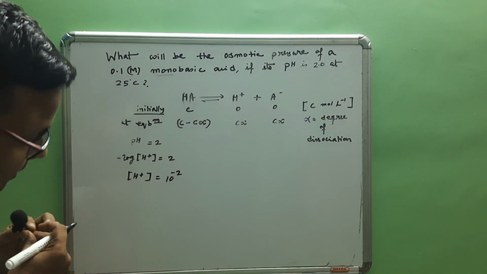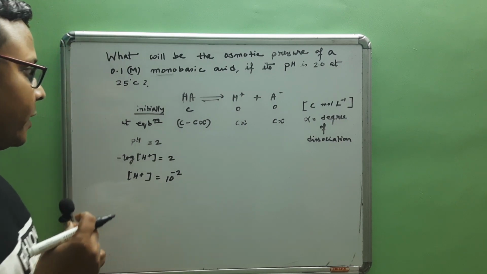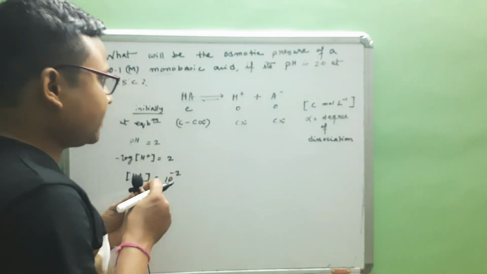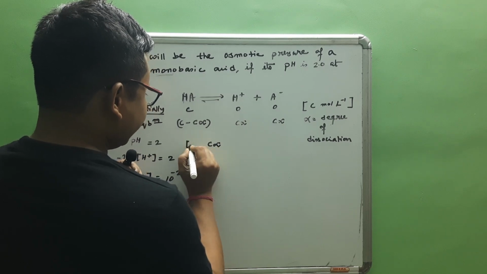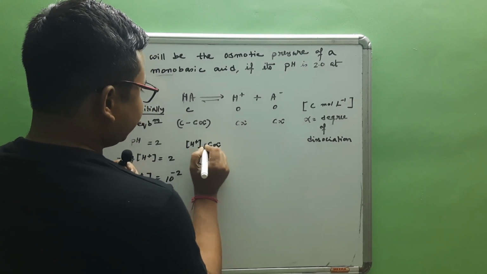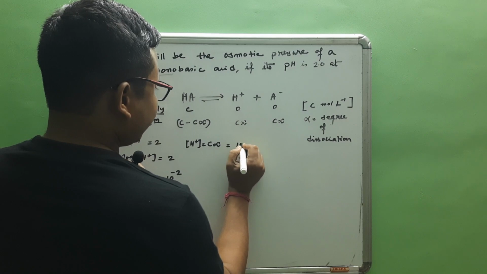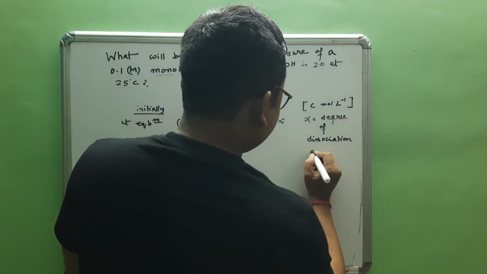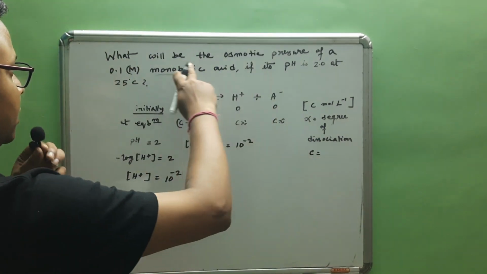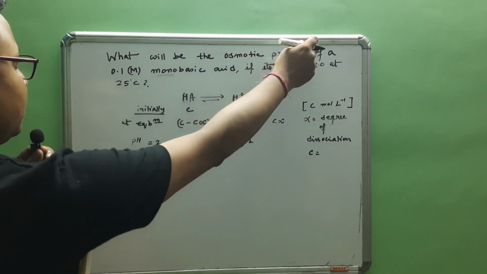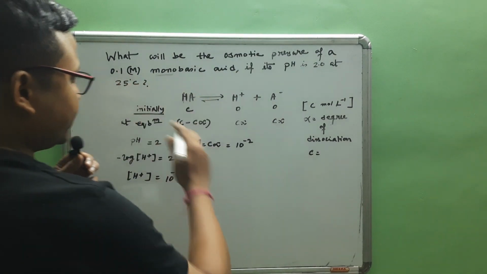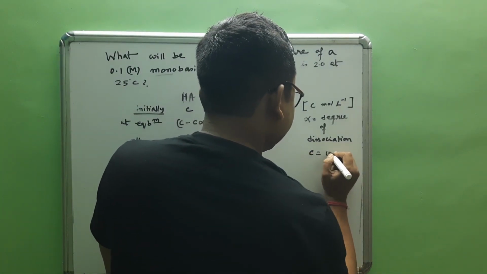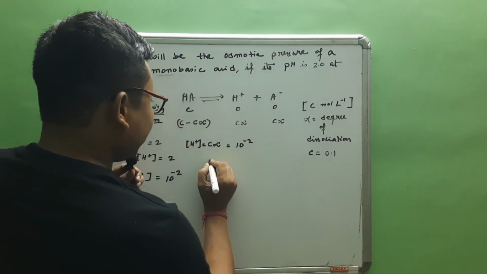The concentration of H plus ion, which is C alpha, will be 10 to the power minus 2, and the value of C, the initial concentration of the monobasic acid, is given as 0.1. So C is 0.1. So what will be the alpha?